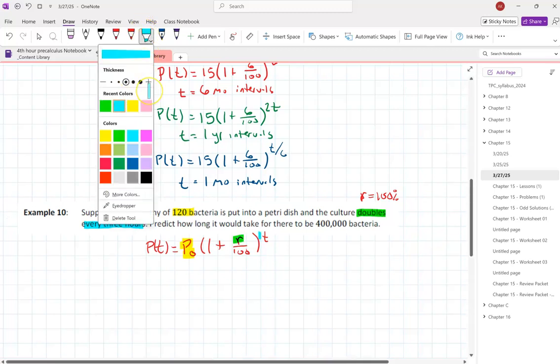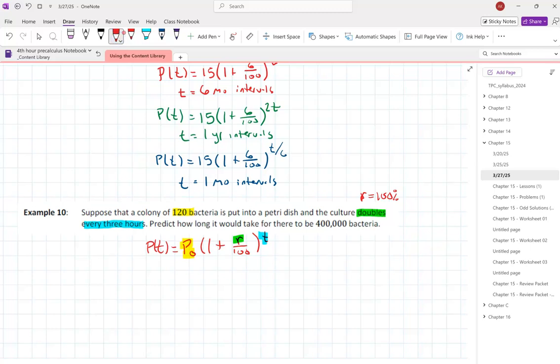And I think the natural thing would be to write T as 1 hour intervals. So how many 1 hour intervals are in our doubling period?